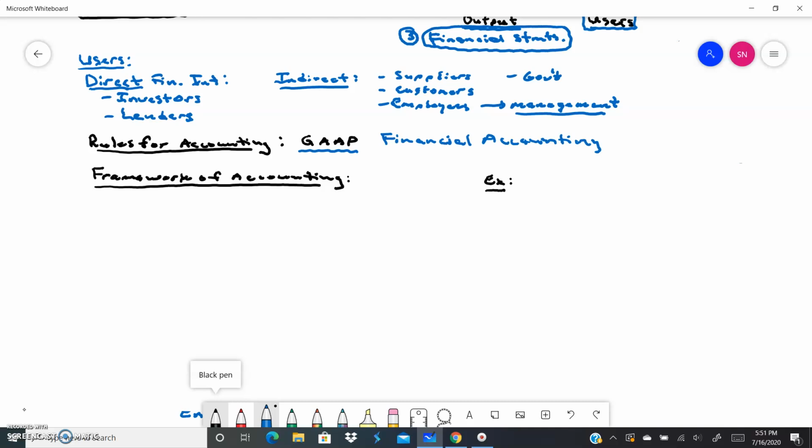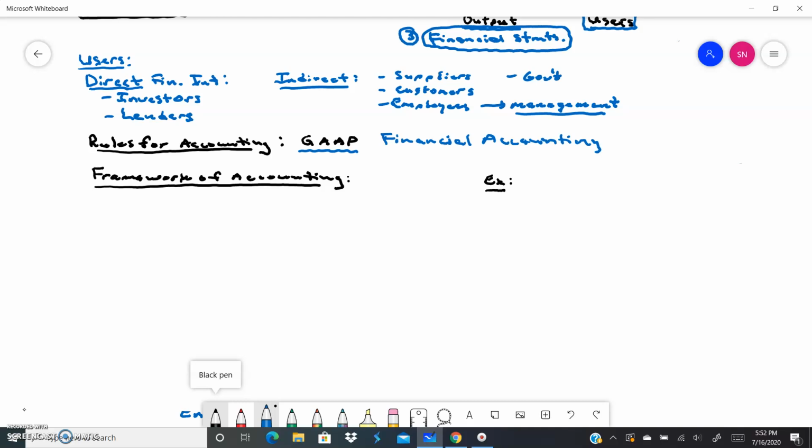Generally, that comes from the accounting profession through input from people that work with accounting. It's set forth in printed publications, and that changes from time to time. But basically, your textbook is a function of GAAP.